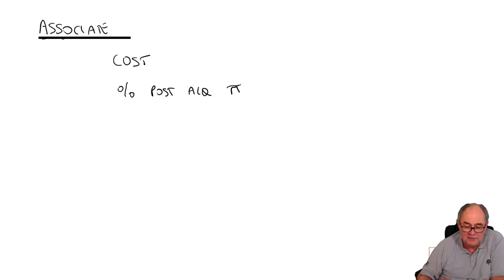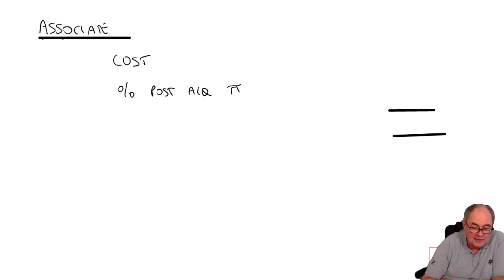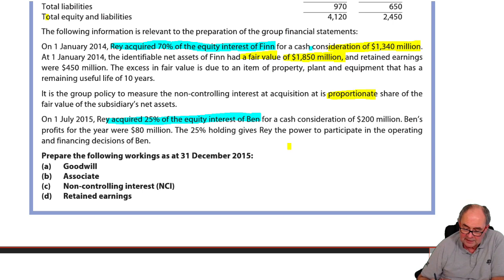I'm going to abbreviate profits using a little pi sign, if that's okay. Once I've done that, I can go back to the question and try and find the numbers. The cost of the associate is given here, isn't it? It's 200. That's easy to spot. Share of post-acquisition profits looks like a bit of a problem.